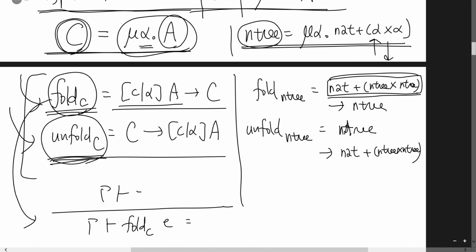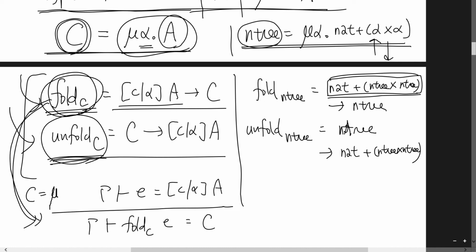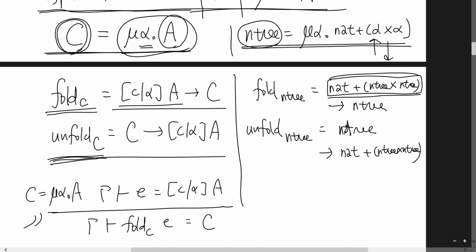Well, expression E must have C for alpha A, then fold C E is going to have type C. We just rewrite this specification into this typing rule, where C is this recursive type. So this one gives us this typing rule.